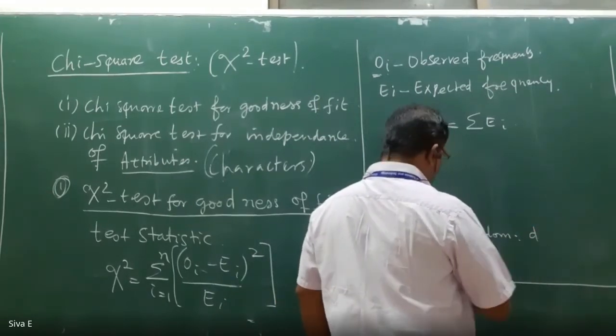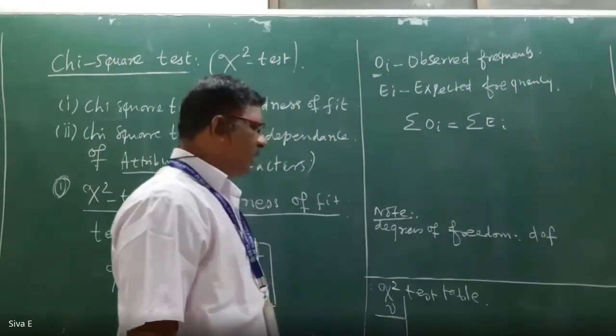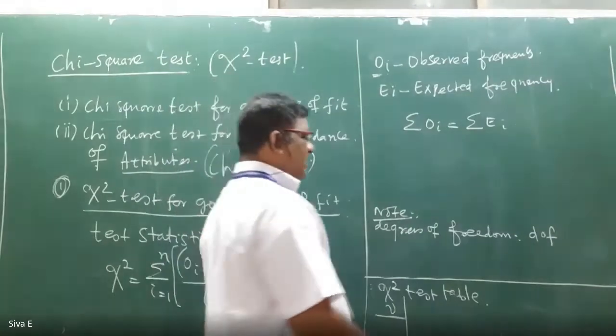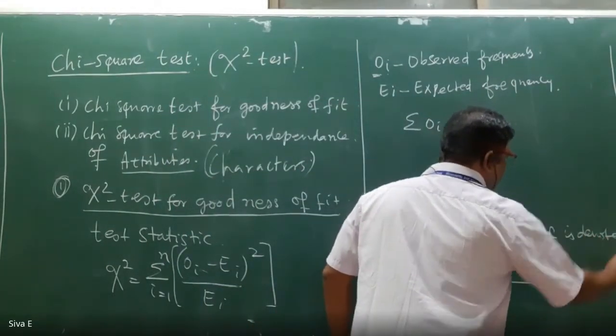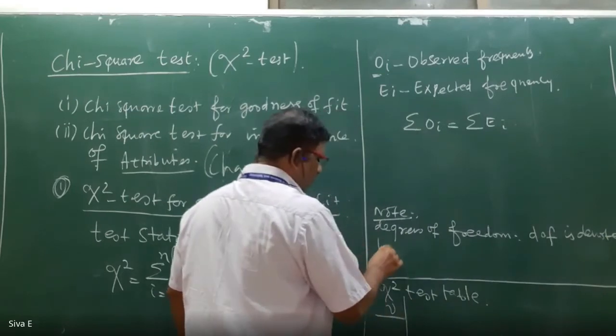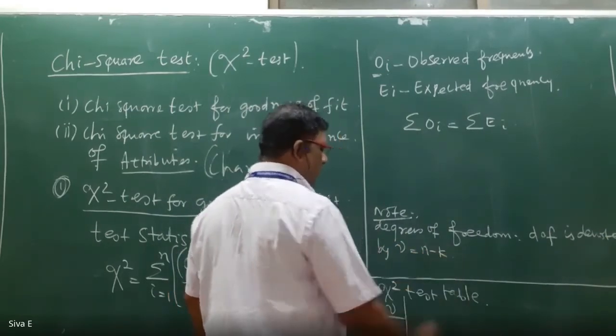Simply I can write the DOF, degrees of freedom, is denoted by nu, that is equal to n minus k.